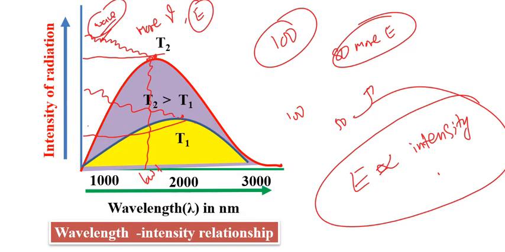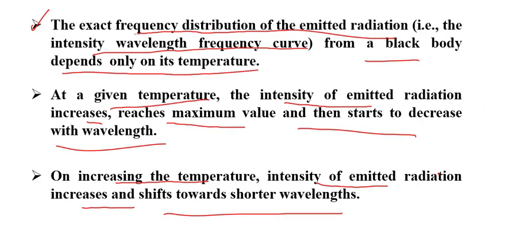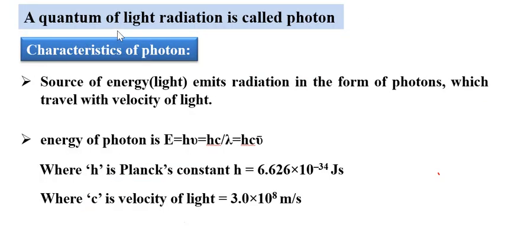Next, a quantum of light radiation is called a photon. Then Max Planck suggested a few things. The quantum of light radiation is called a photon. If sunlight is there, the sunlight has photons, not protons. Proton is different, it's a photon. It is some energy packet, some amount of energy.